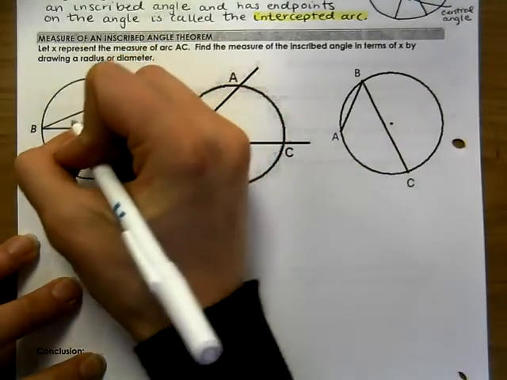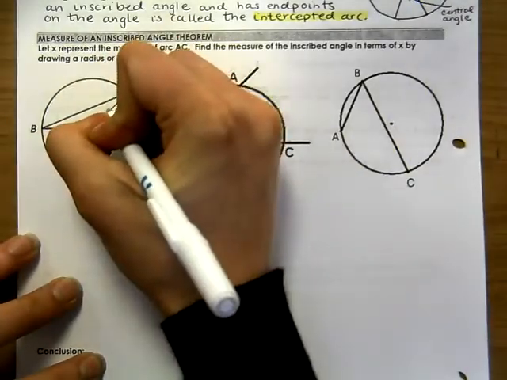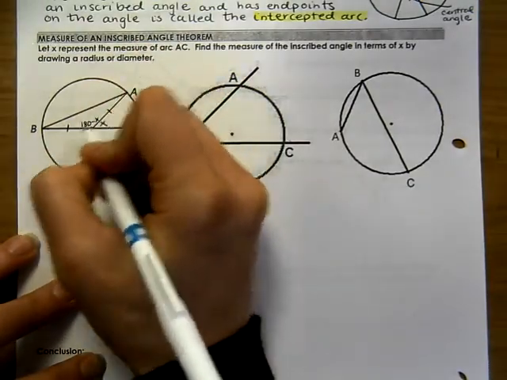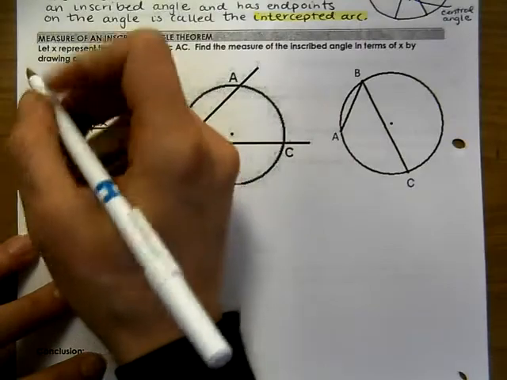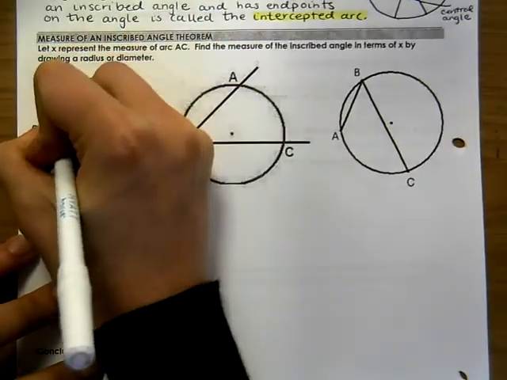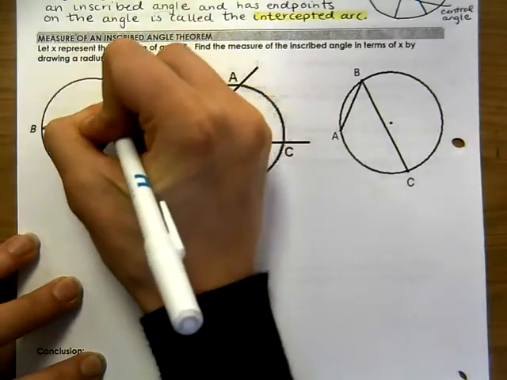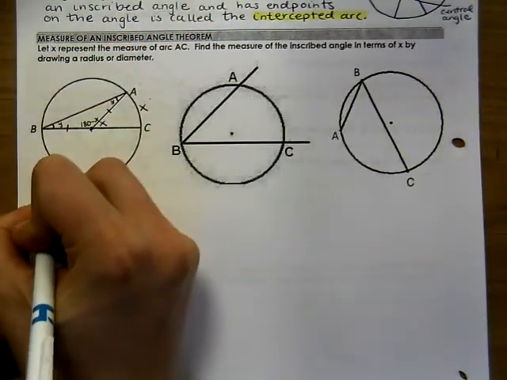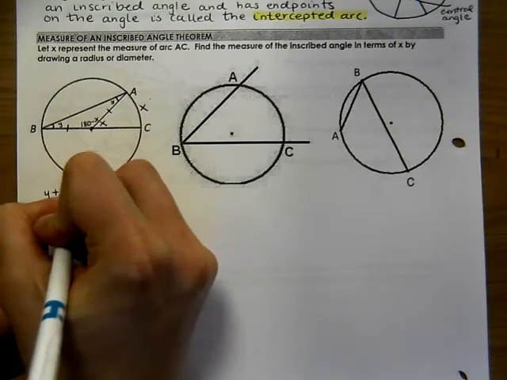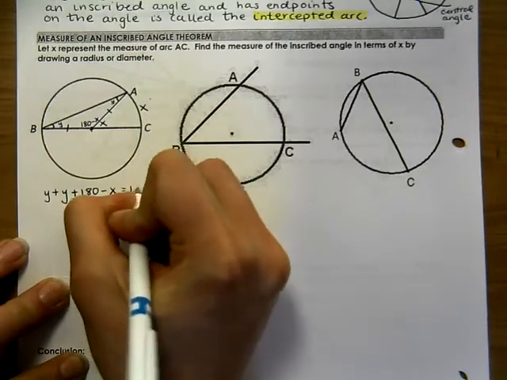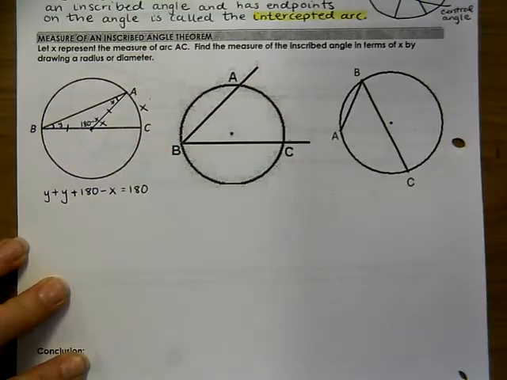Something else I know is that these two sides of this triangle are congruent because the sides are radii, which means that these angles are also congruent. So I'm going to label that y here and y here. That means that y plus y plus 180 minus x is equal to 180.